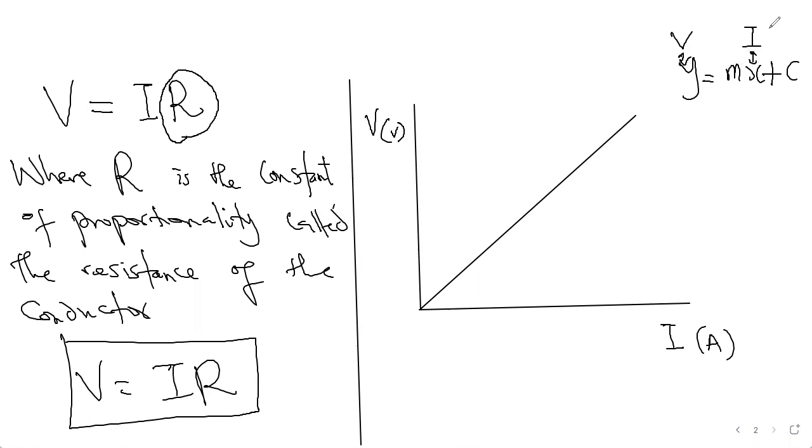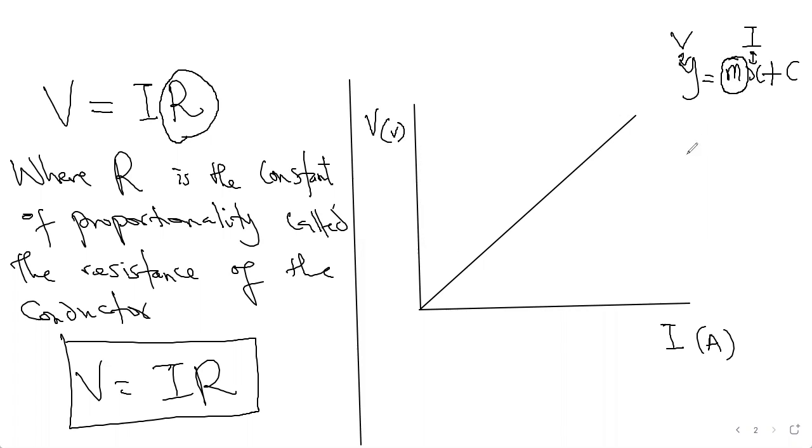Then whatever I have beside the I, which is the coefficient of I, will be the resistance. If you map this to y equals mx plus c, M will be equal to R. It means that if I have a plot of V against I, whatever I get as the slope of this line will be the resistance.